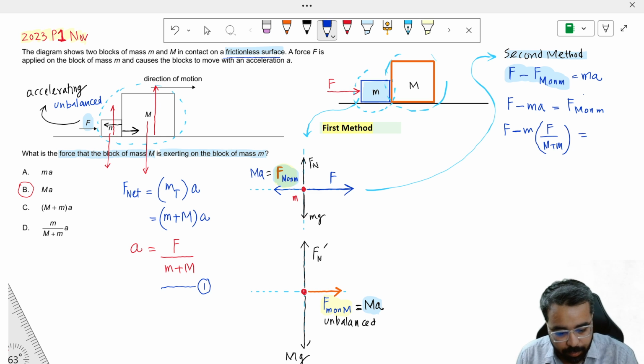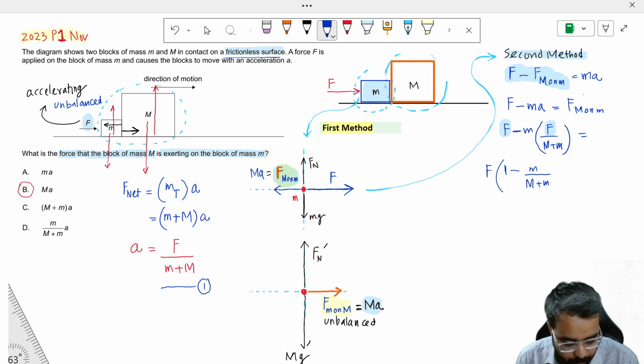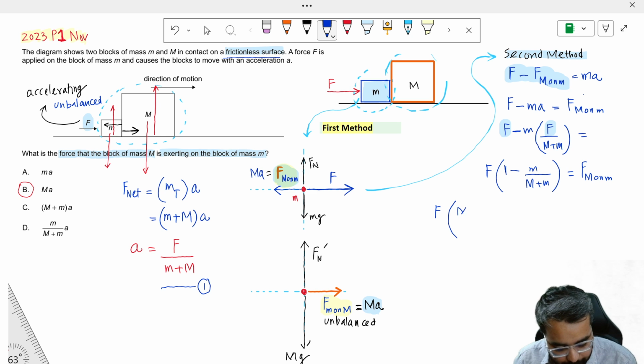Okay, can we take this common on this side of the equation? So what we will get here is F times (1 minus m over (M + m)) equals the required force. And you can also write it as (M + m minus m) divided by (M + m). If you don't understand this step, please ask me a question. Okay, and then if you further solve this step, this one cancels out, and we get capital M over (M + m).